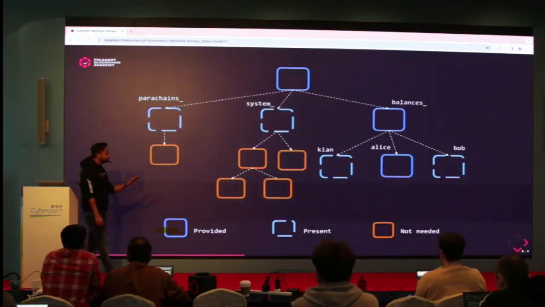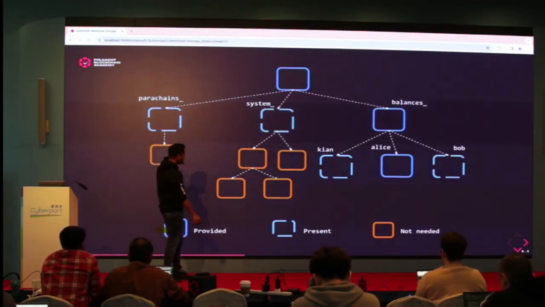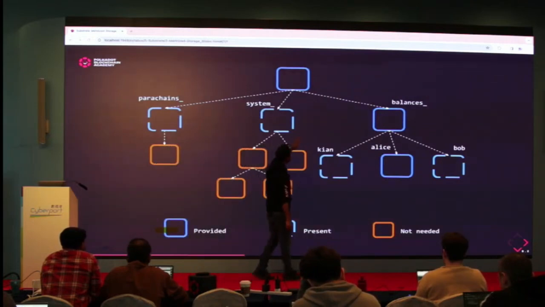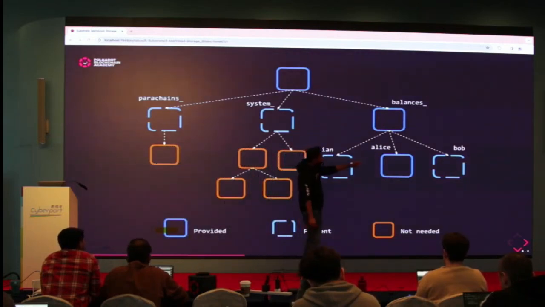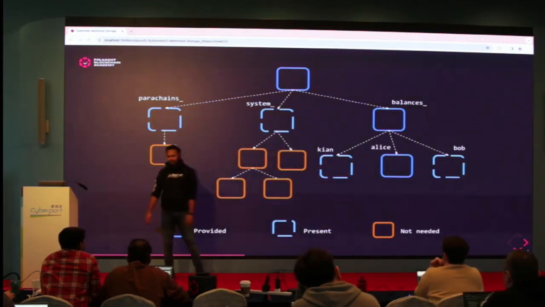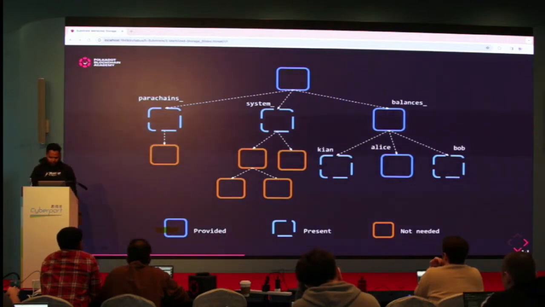Imagine all the key-value pairs that we have in the database, and the blue ones are the ones that will be given as proof. I'll let you look at this for 2 minutes, and hopefully it makes sense by yourself. If not, I will explain.